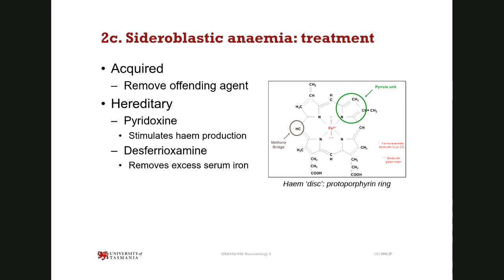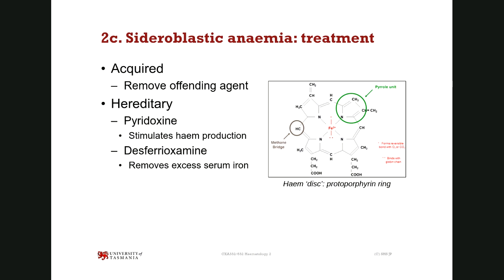By giving pharmaceutical doses, so higher doses of pyridoxine than are normally found in the body and normally sufficient for porphyrin synthesis, we can actually stimulate heme production that way. So it doesn't fix the problem, but it certainly maximizes the amount of hemoglobin that's being produced.